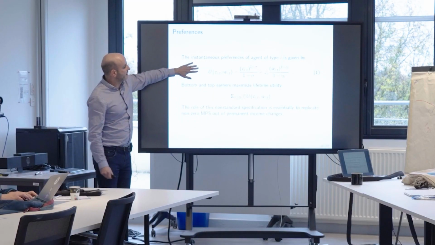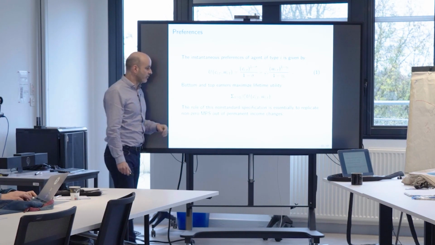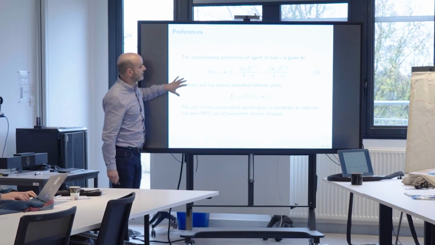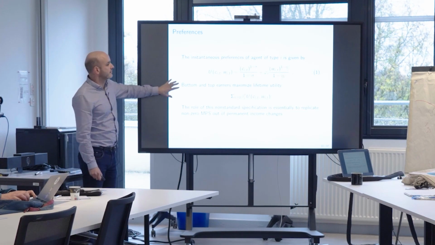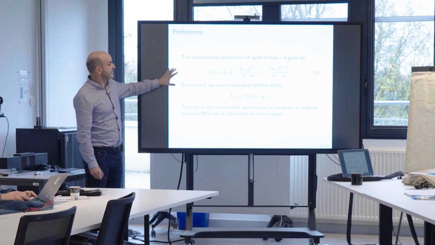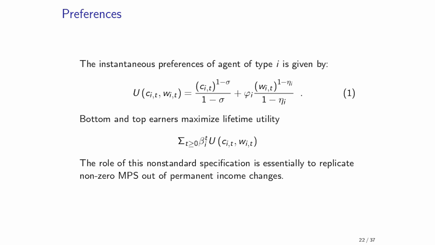That's the instantaneous utility, and each agent tries to maximize the discounted stream of instantaneous utility. This is slightly non-standard, but the role of this equation is only to generate non-zero marginal propensity to save. If you change this device with any other device that generates the same, the rest of the model is perfectly consistent, and again, just basically accounting.